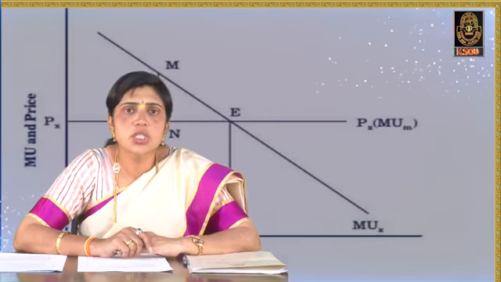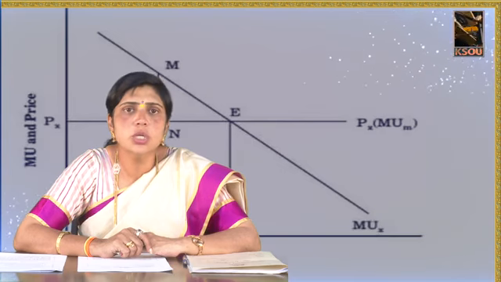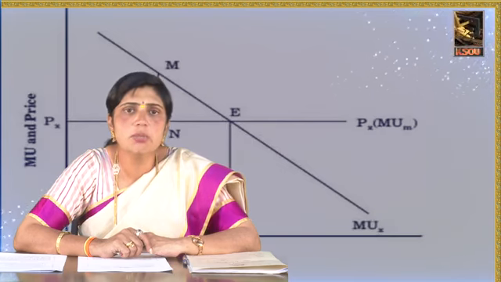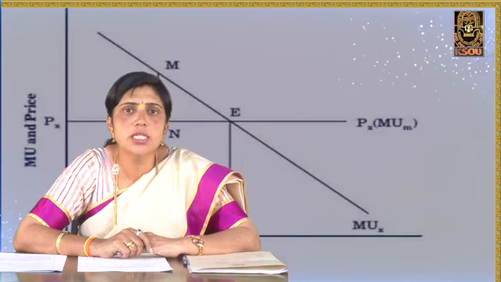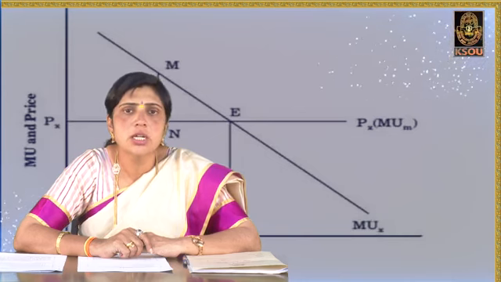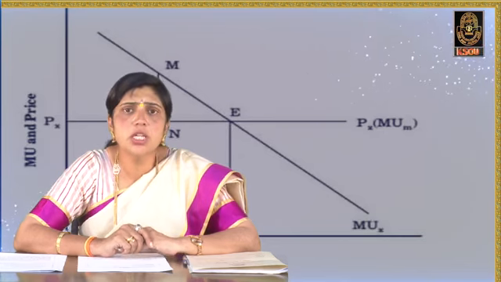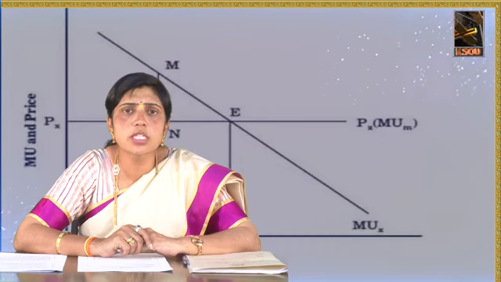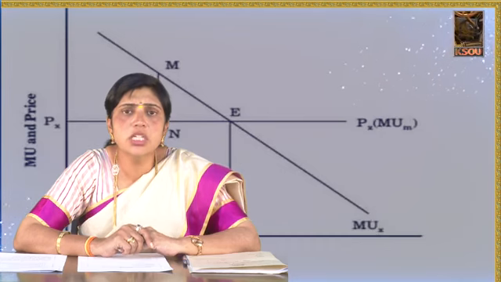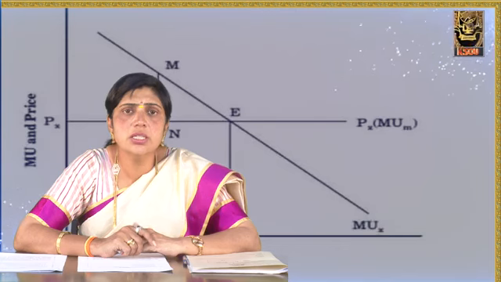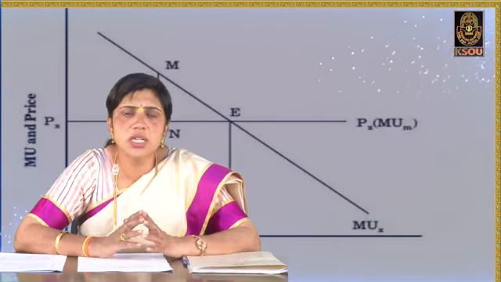Thus, introspection implies that a given response to a stimulus in one's mind will generate a similar response in the minds of other persons. For example, if a person feels that with every increase in the quantity of a commodity, the utility derived from the commodity declines, then others also would have a similar experience.